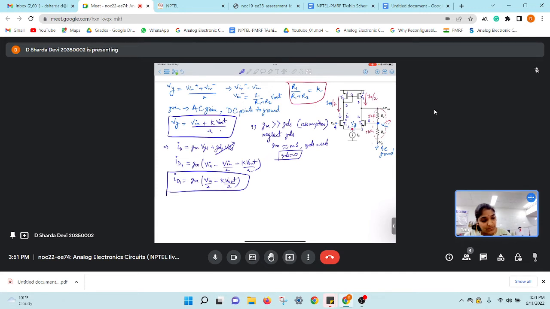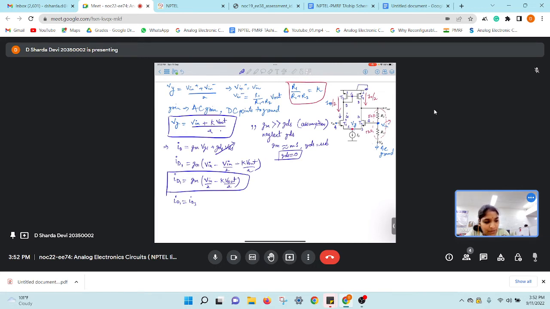We know since these two are in series, T3 and T1 will have the same current. So that means ID1 will be equal to ID3. This is clear to us. And since we are not considering the effect of VDS, our current is only a function of VGS. If we observe carefully, the gate terminals of both T3 and T4 are shorted, so they both have the same potential. And the source is also shorted, and it is also AC grounded.